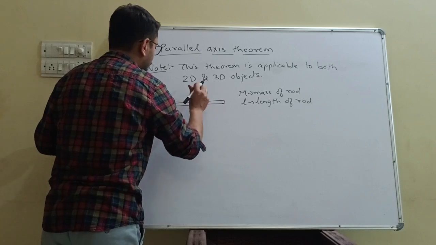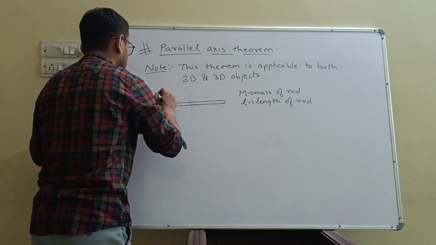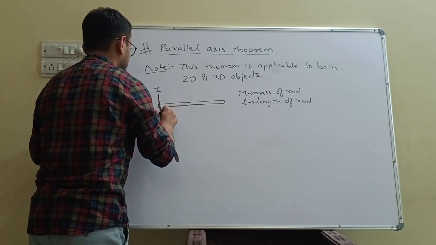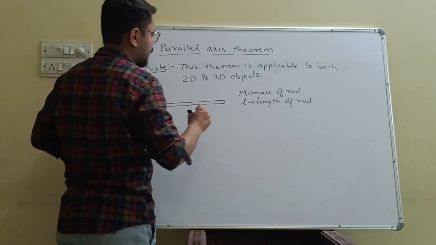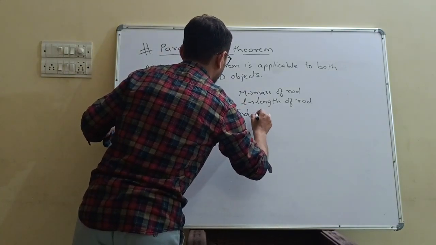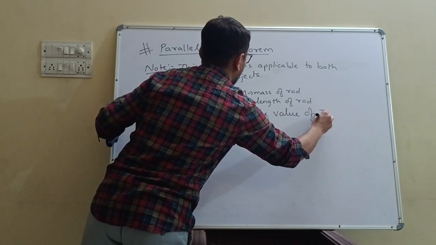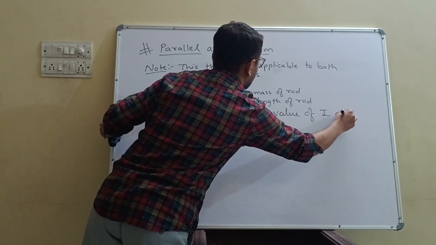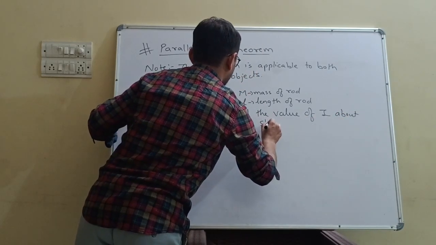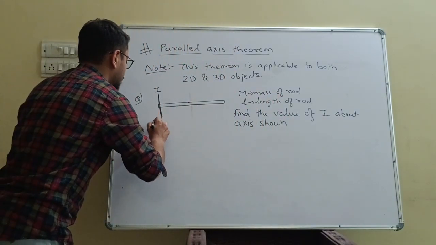Someone asked me to write the moment of inertia about this axis I. Find the value of I about the axis shown. Here is the axis.